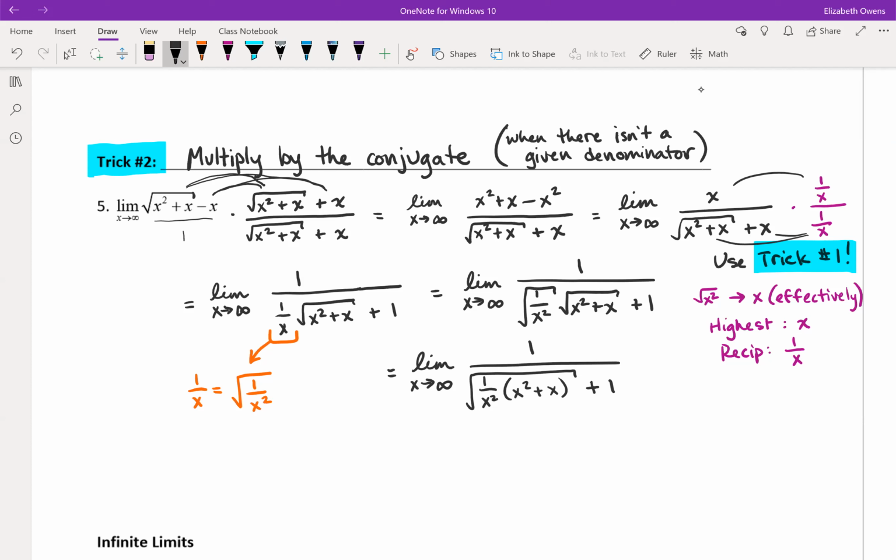And then you can distribute. It takes a little bit of doing, but we do get to a point where we can distribute this and simplify things down. So limit as x approaches infinity. Down in that denominator, underneath our radical, we're going to have 1 plus, x over x squared would be 1 over x.